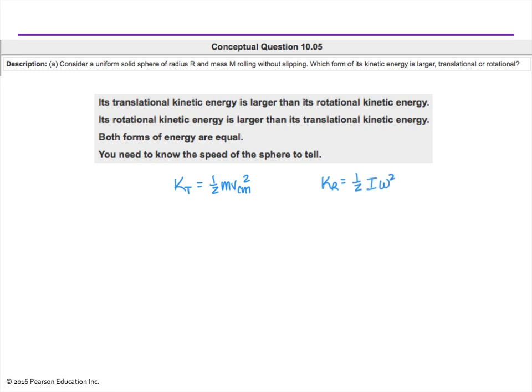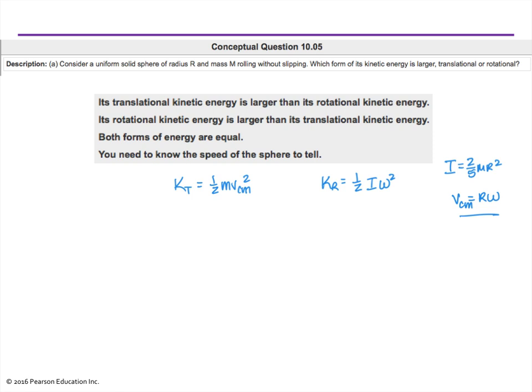Pieces of information that we're going to use is the moment of inertia of the sphere is 2/5 m r squared, and because it's rolling without slipping, the relationship between the velocity of the center of mass and the angular velocity is given with this expression.